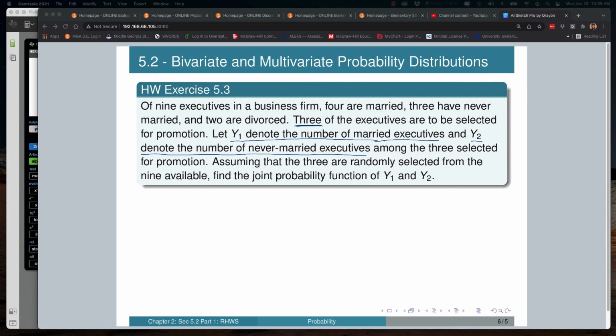We don't know if these are men or women, but assuming that the 3 are randomly selected from the 9 available, find the joint probability function of y sub 1, y sub 2. So this is the one I told you is a little bit more difficult to figure out, and I kind of gave you a hint. This is kind of an extension of the hypergeometric.